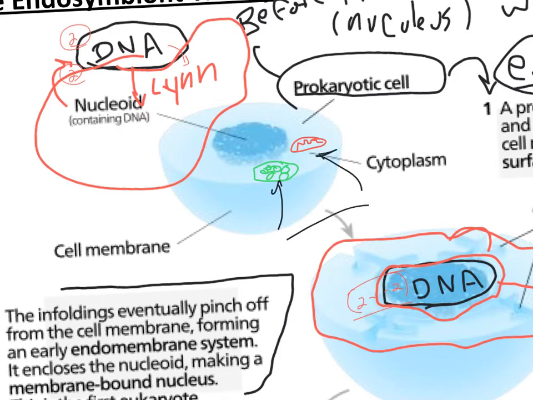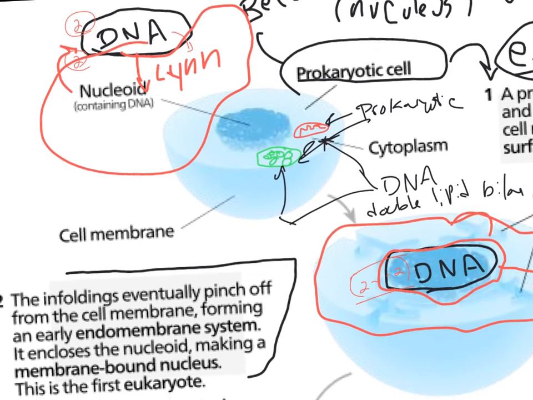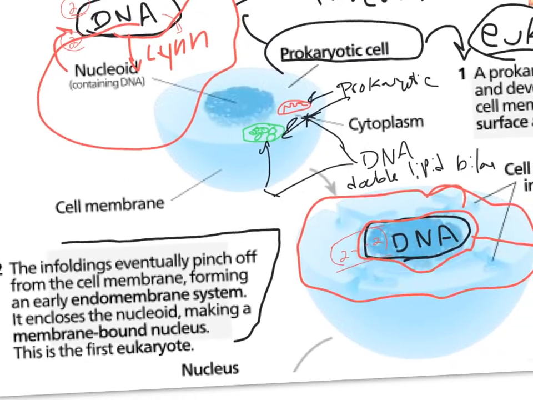Both of these organelles have their own DNA, and both of them have a double lipid bilayer. So that's true of both of these organelles. Both of these were prokaryotic to begin with, but then got incorporated and now are organelles in a eukaryotic cell.